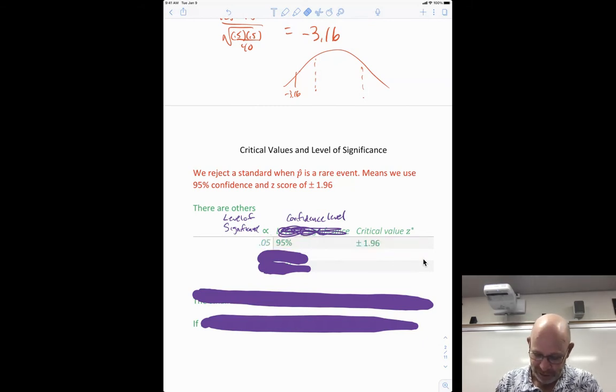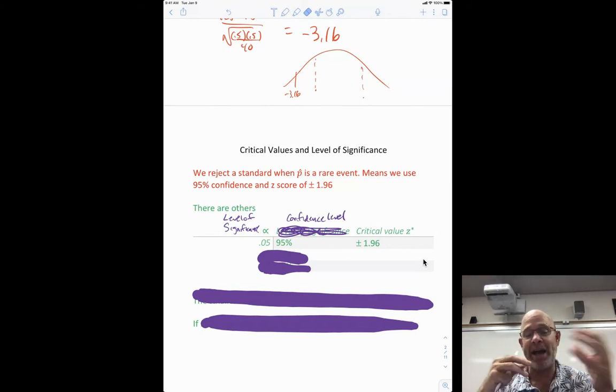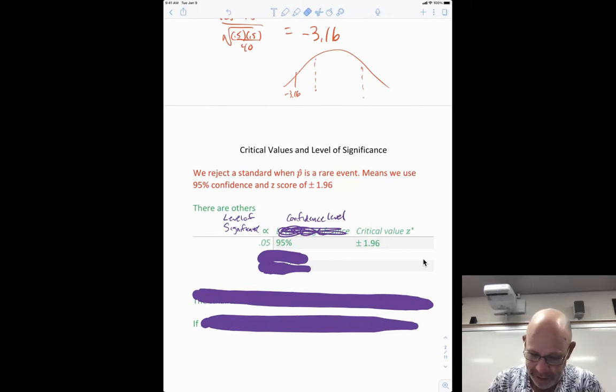So here's some terminology for you. We have a thing called level of significance. The level of significance is called alpha. You see my alpha there. It goes along with the confidence. So the confidence level is the 95%. The alpha is what's left over on the sides, like half alpha here and half alpha there.